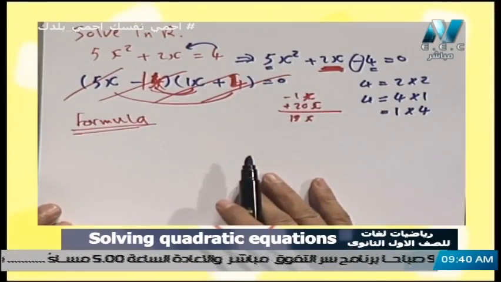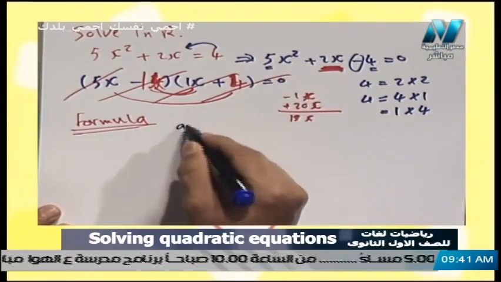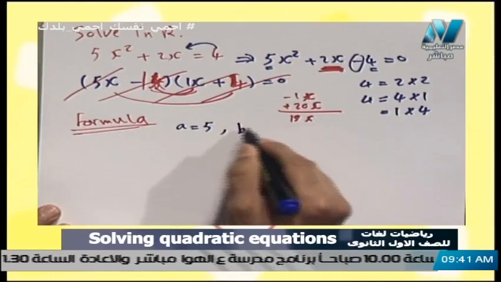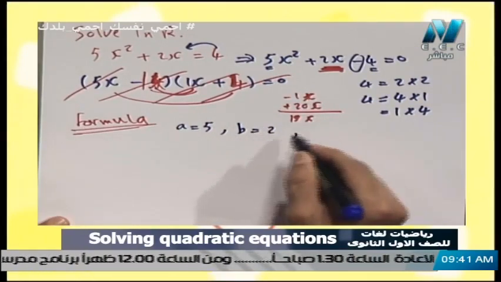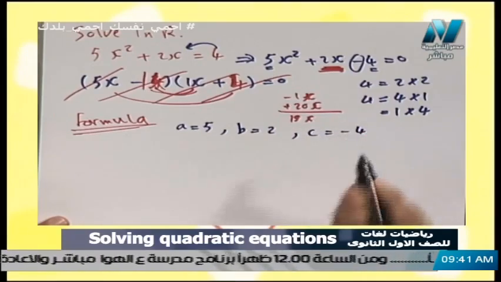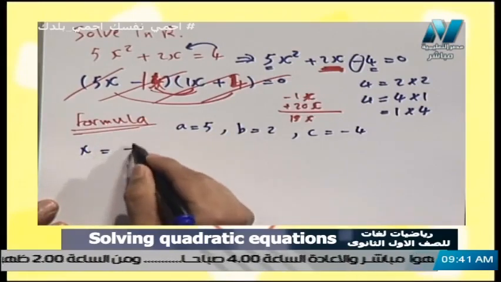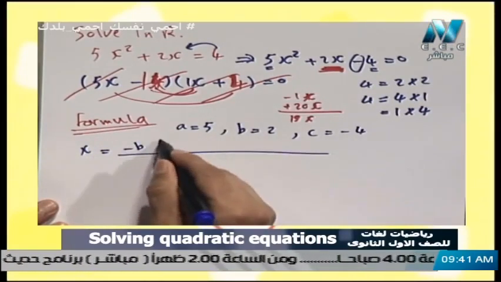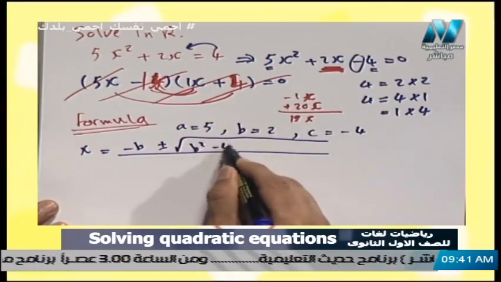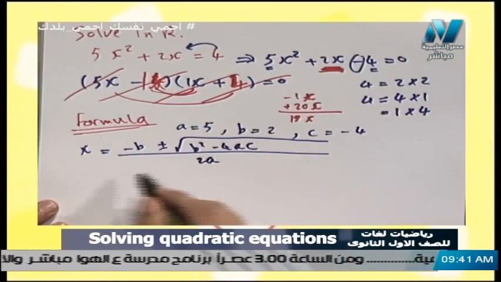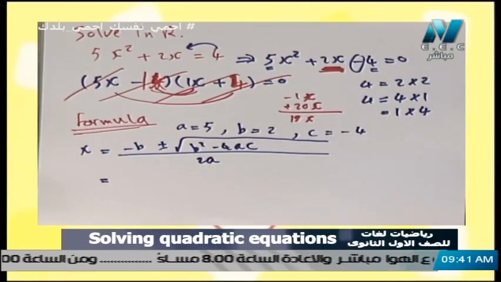We cannot factorize it. So we here have a equals 5, b equals 2, and c equals negative 4. Okay, and we know formula is negative b plus or minus square root b power 2 minus 4ac over 2a equals, we will substitute about a, b, and c.